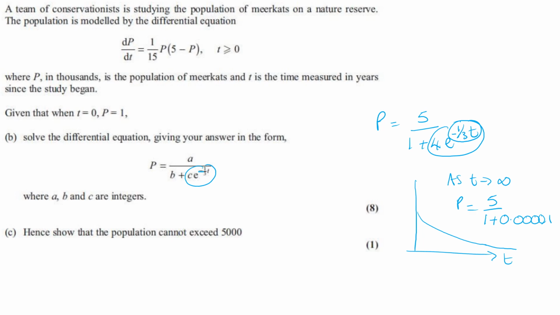This means the population is never going to exceed 5,000. We're never going to have 5 divided by 1 exactly, it's 1 point something, so the population will not exceed 5. And remember, p was in thousands, so that's not exceeding 5,000.